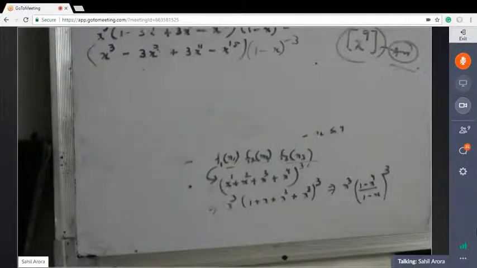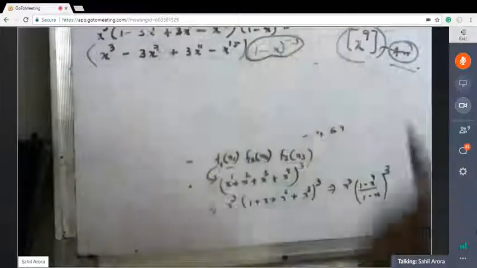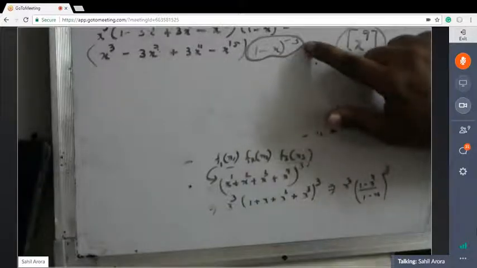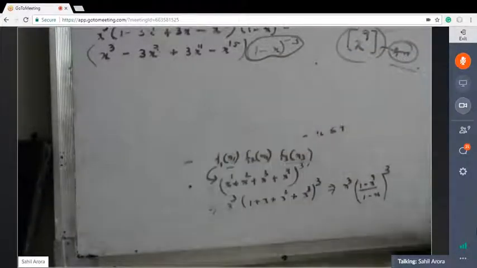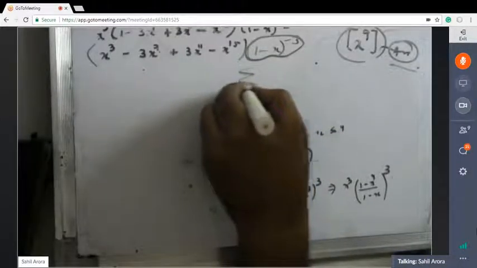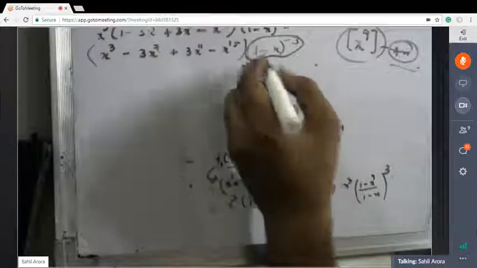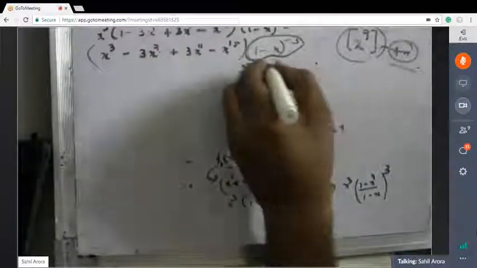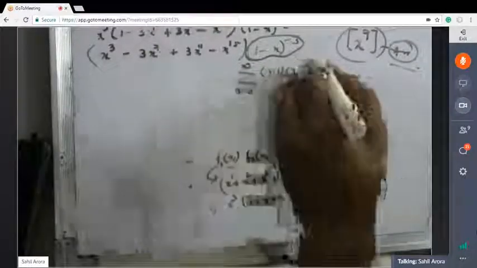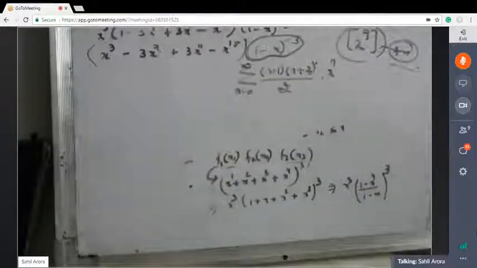Okay. So let's generalize this. First, if you see the expansion of (1 minus x) whole power minus 3, with the theorem that we discussed, it was the summation n going from 0 to infinity of (n plus 1)(n plus 2) by 2 x power n, right?